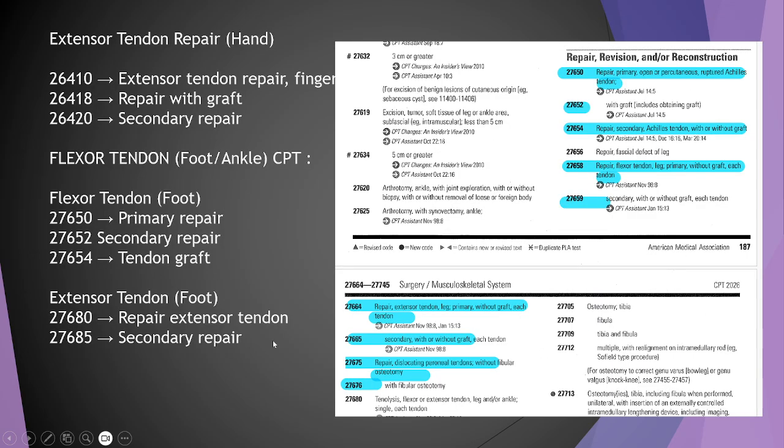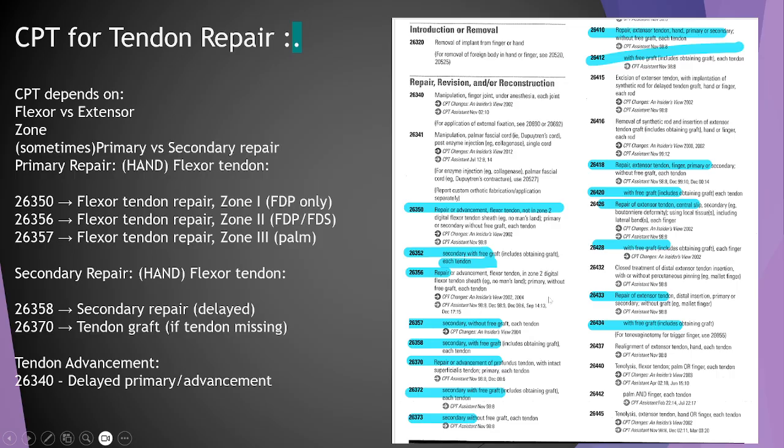Now extensor tendon. Extensor tendon repair, that is repair of extensor tendon of the leg. This one is for the finger and hand. Hand region, that is 26350, 26356, that is repair in zone 2, in zone 3, that is 57, and the secondary repair of the hand.